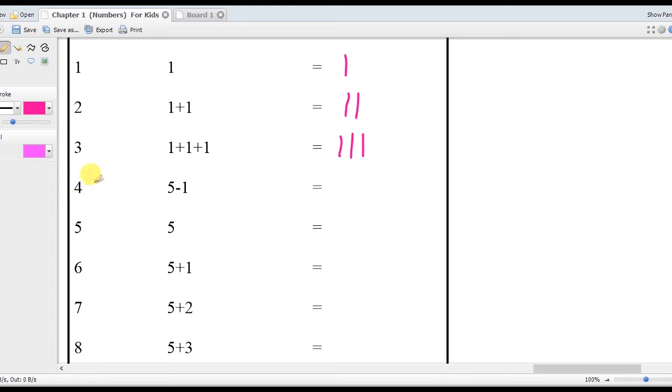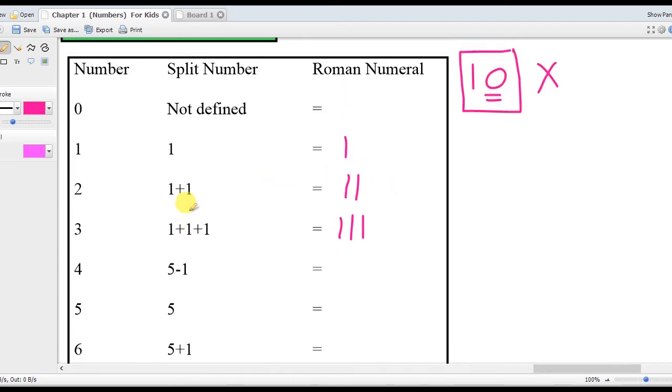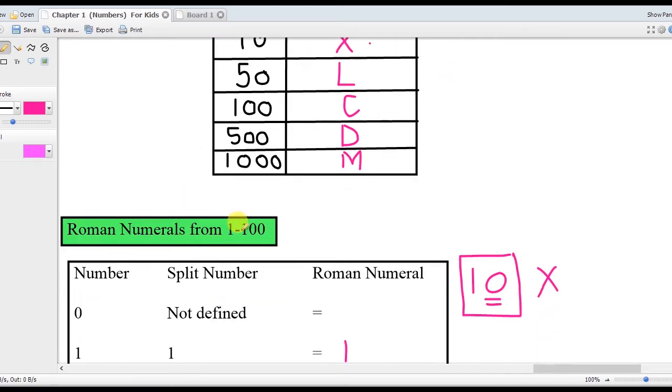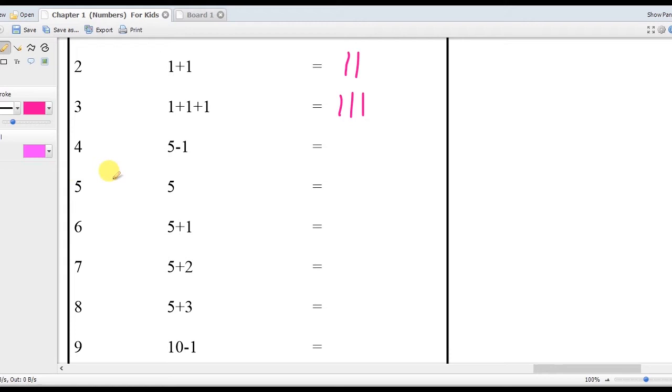Now 4, how do we write 4? This is very interesting. Since we know that if we take away 1 from 5, or 5 take away 1, we will get 4, right? So what is the Roman representation of 5? This is V, right? So let's just solve this. The Roman representation of digit 5 is V. Now over here, 5 take away 1.